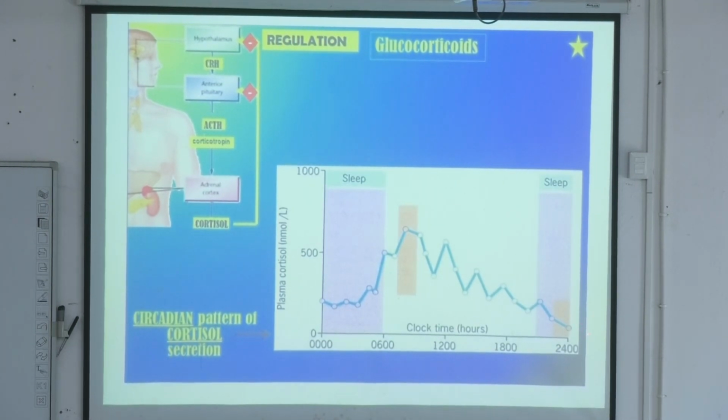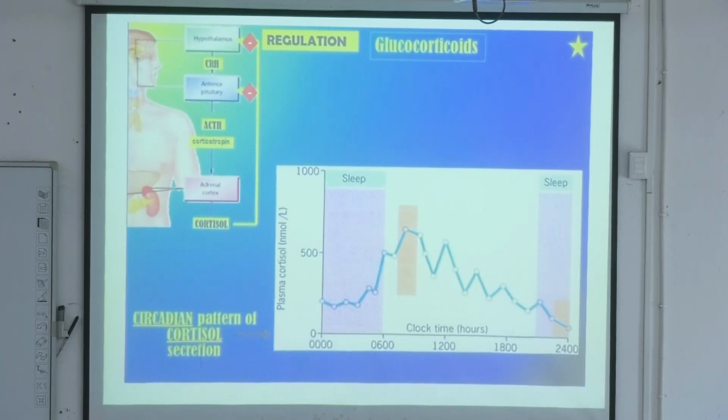At midnight, it will go to its lowest level and maintain that level for some time, and again when the waking time comes, it will go up. This is the classical circadian rhythm of cortisol hormone.